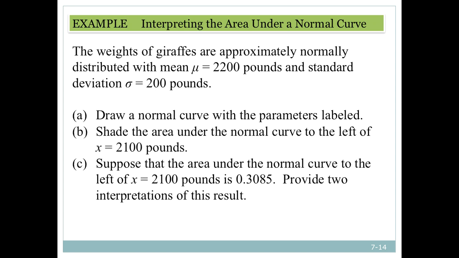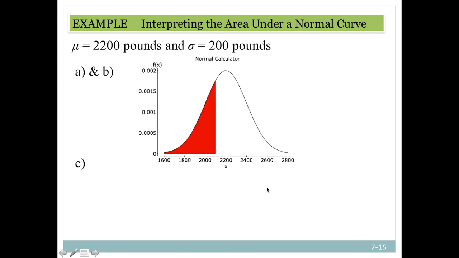And then we want to shade the area under the normal curve to the left of 2,100 pounds. And let's just say that we know that the area under the 2,100 pounds is 0.3085. So we want to provide two interpretations that use this value of 0.3085.